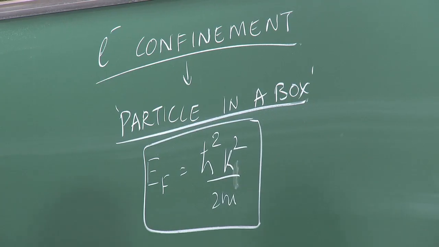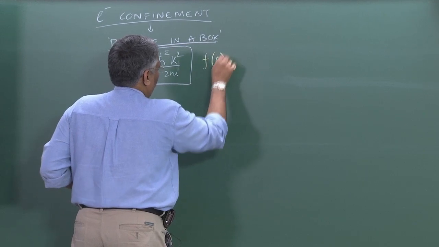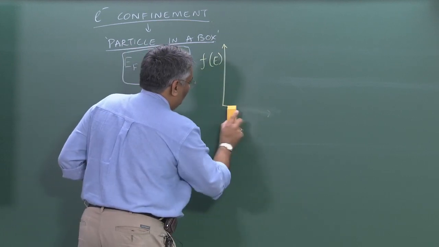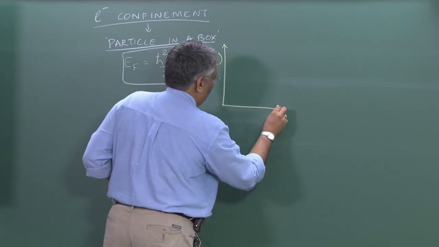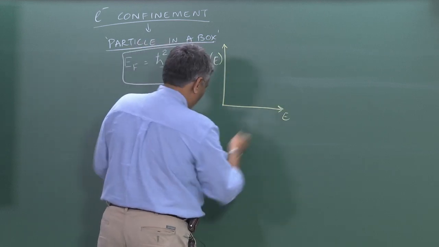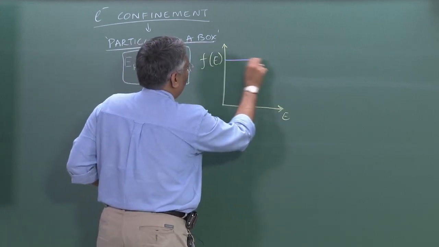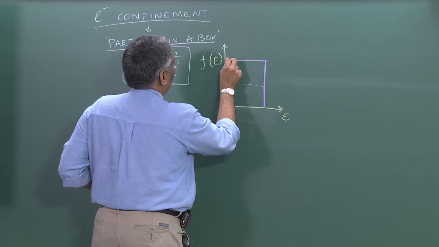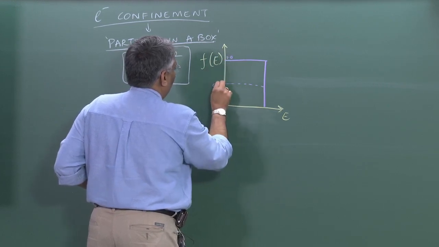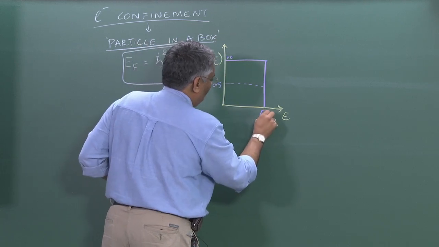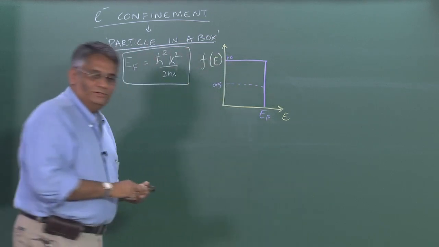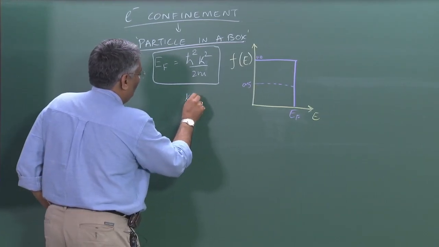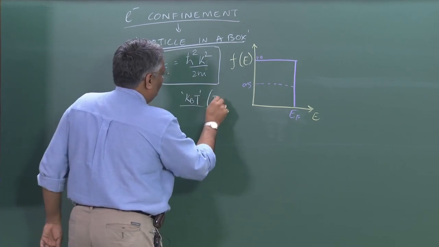We found that this is 1.5, this is your EF. What we have seen interestingly is, say T is equal to 300 Kelvin.